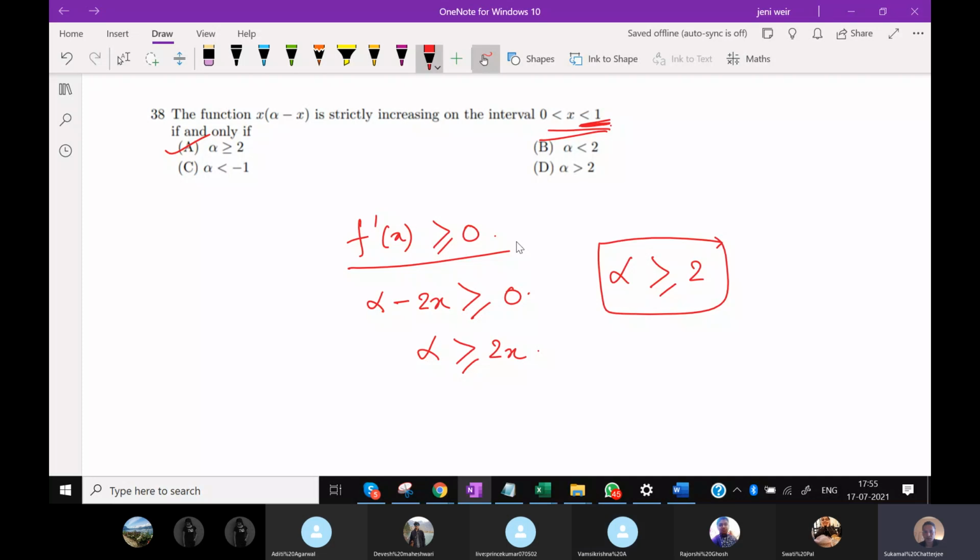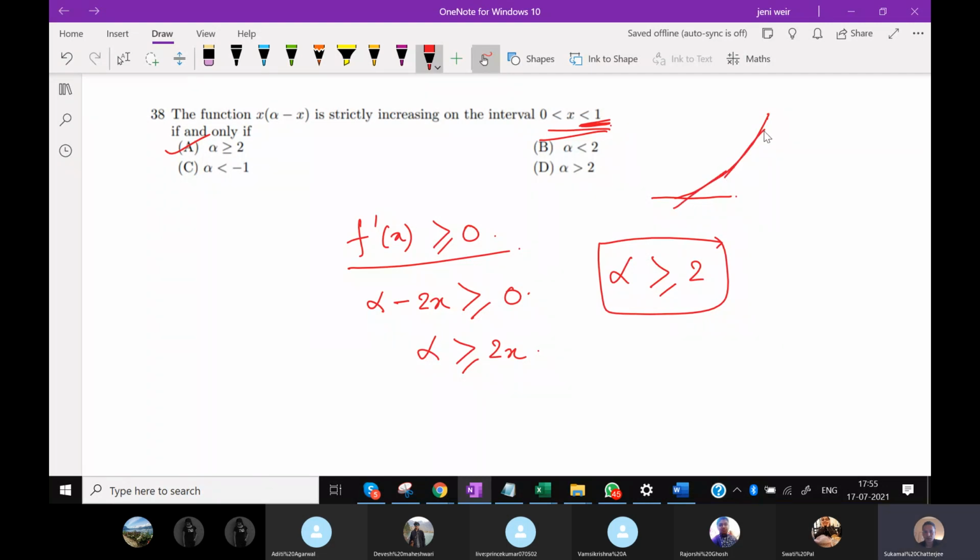Strictly increasing means it would be like this. Right? Correct? So at the start, it can be 0.